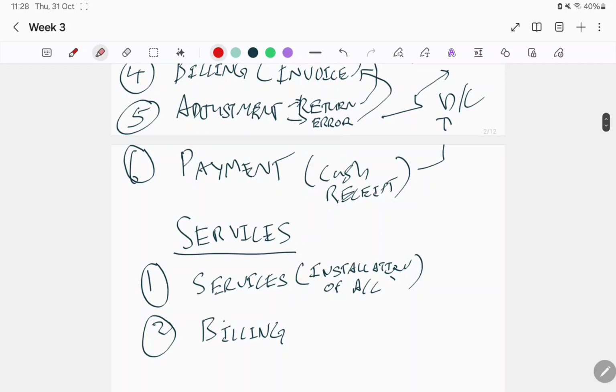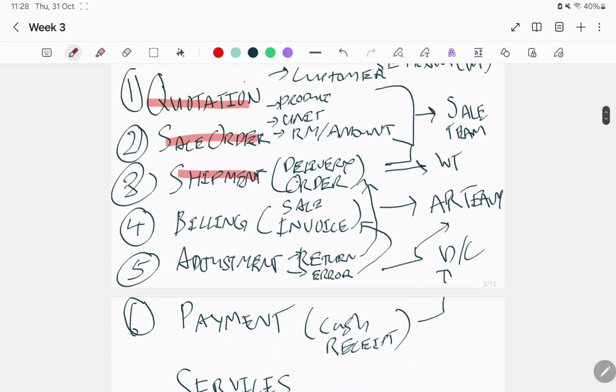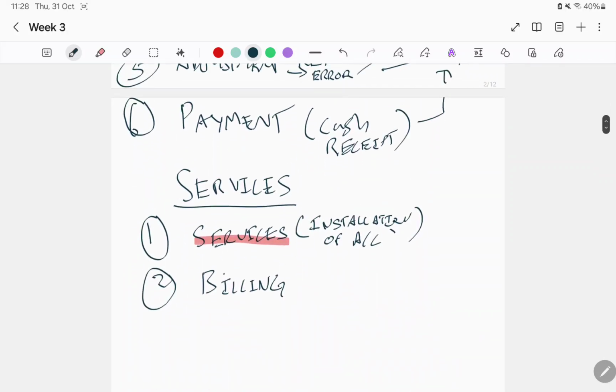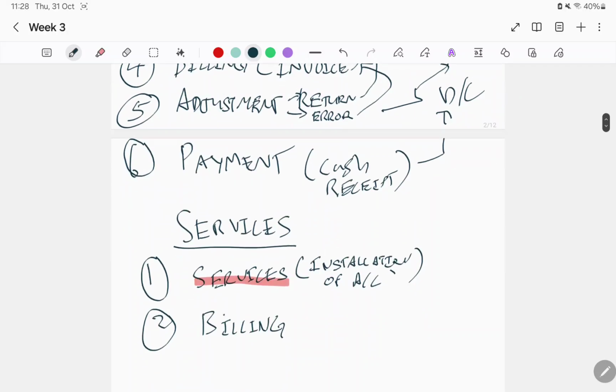Straight away only one, which is the services. Then we straight away go to billing.